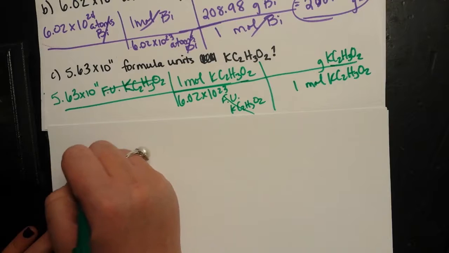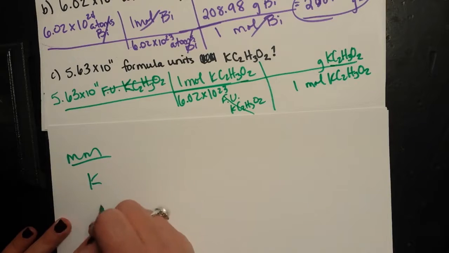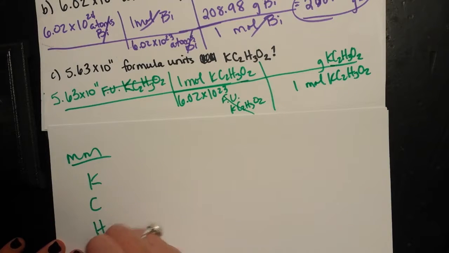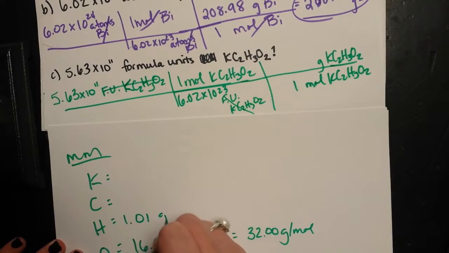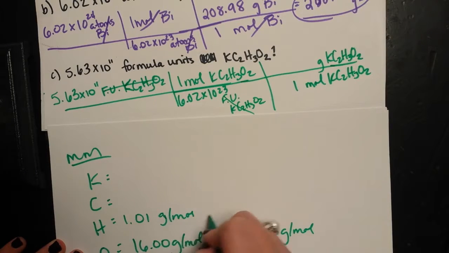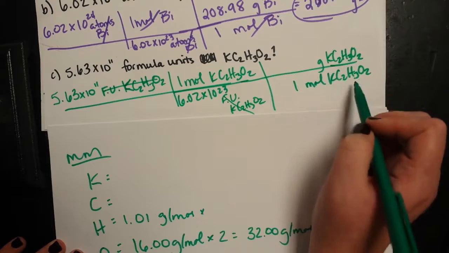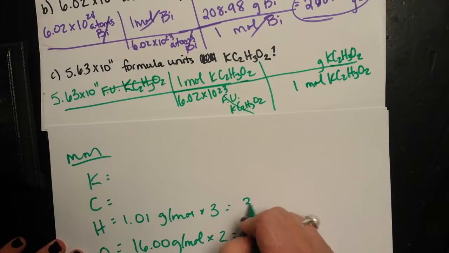For molar mass, I've got potassium, carbon, hydrogen, and oxygen. I know oxygen is 16 grams per mole, and there's 2 oxygens in my formula. I know hydrogen is 1.01 grams per mole, and there are 3 hydrogens in my formula.